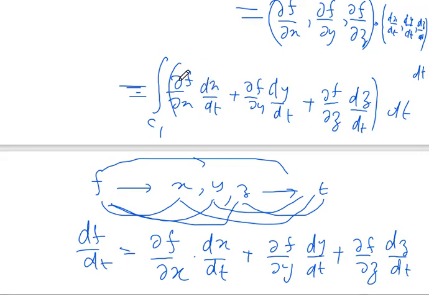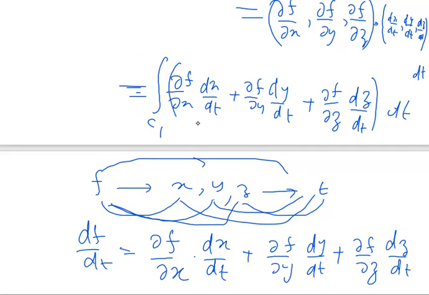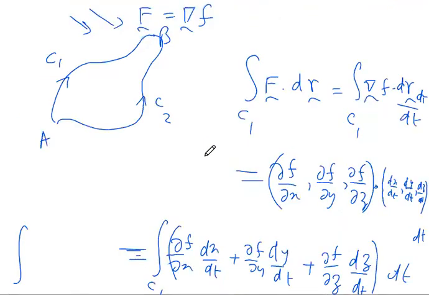So this one I will write here in terms of t. The t variable is changing from, let's say, the corresponding t value is a, and the corresponding t value here is b.